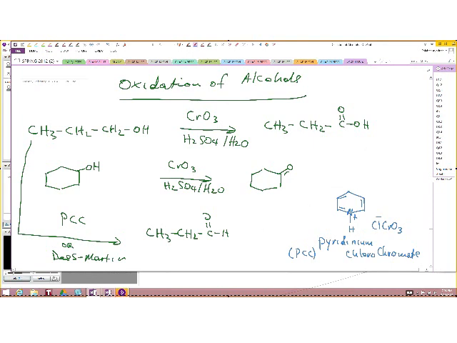Okay, for Des-Martin, this is the structure of Des-Martin. In this case, the Ac stands for acetyl group.